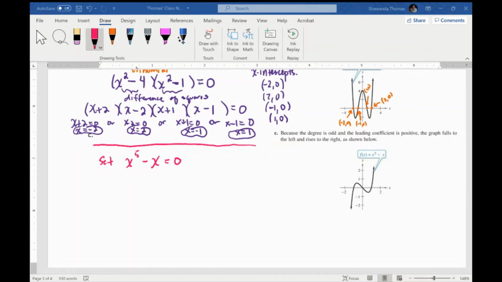Yes, factor. Well, how would you factor it though? That's the question. You can pull the x out. Very good. And when you pull the x out, you get x to the fourth minus 1. Very nice.